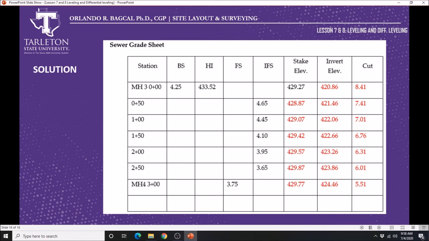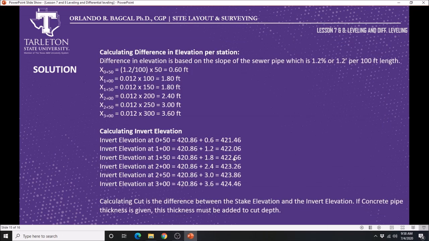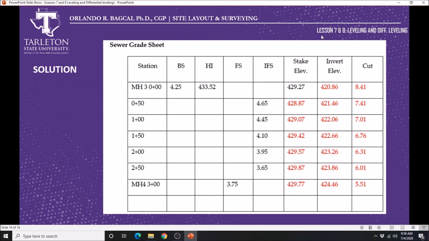If you have the diameter and the thickness, you need to subtract that from here to determine the amount of backfill. So again, to determine the amount of cut, you just need to subtract the stake elevation and the invert elevation. These values are the ones that you calculated from this one here. And this stake elevation is calculated the same way as in differential leveling. These are the values that you will be determining, and you just need to perform the calculations.